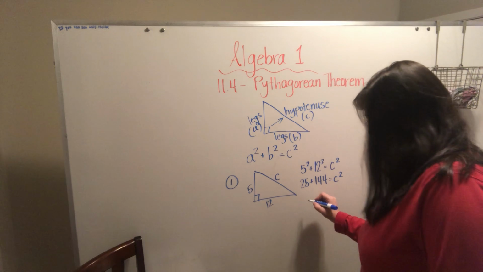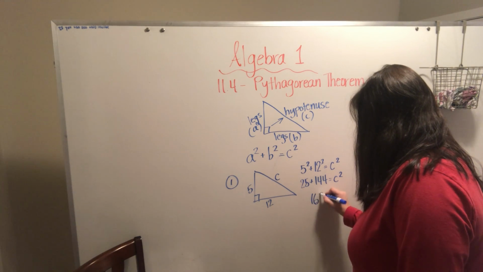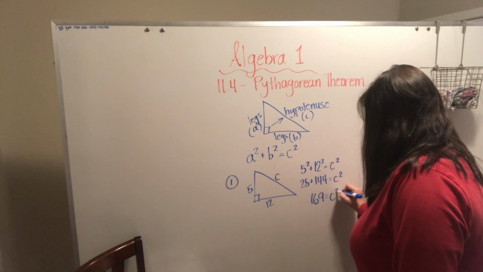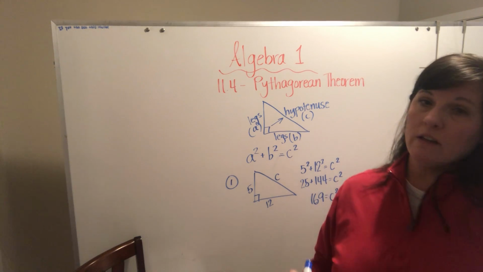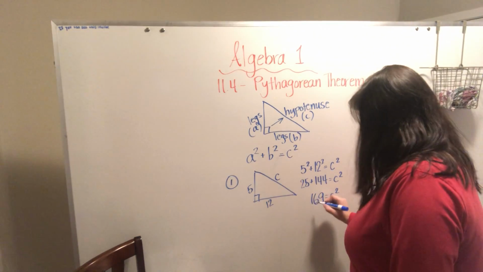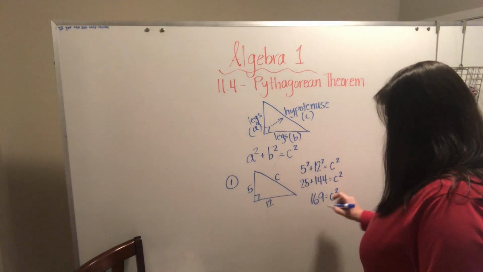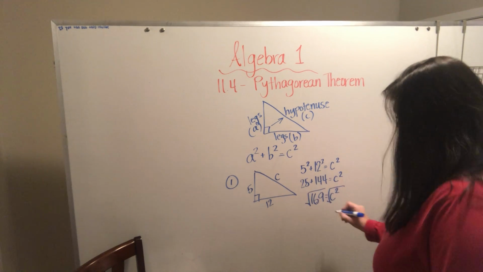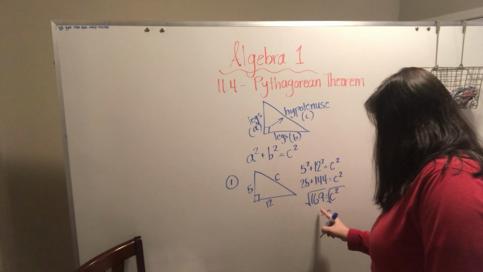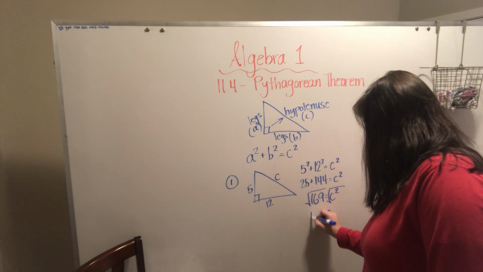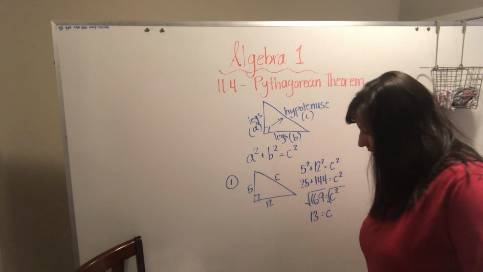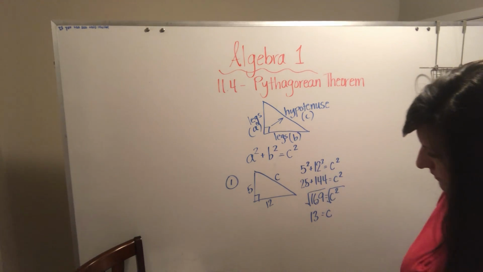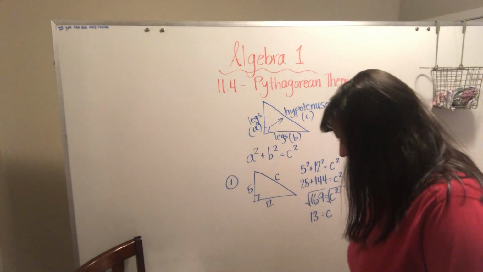Most of you recognize 169 equals C squared. Now some of you get a little careless in doing these last parts, so just remember, to find C, I take the square root of both sides. And the square root of 169 is 13.